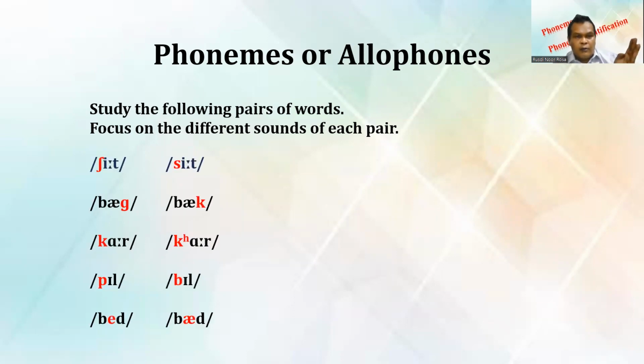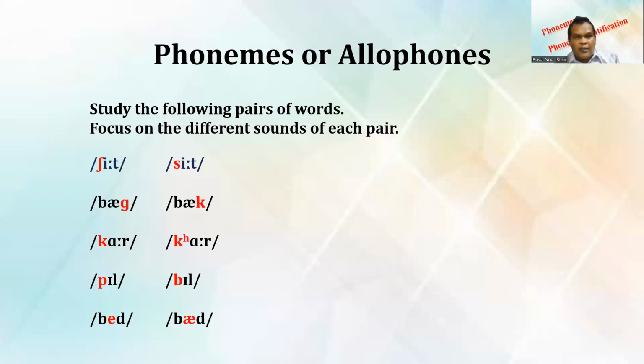The different sounds in the first pair are sh and s, and the second one is g and k. The third one is k and k aspirated. The fourth one is p and b, and the last one is a and a.